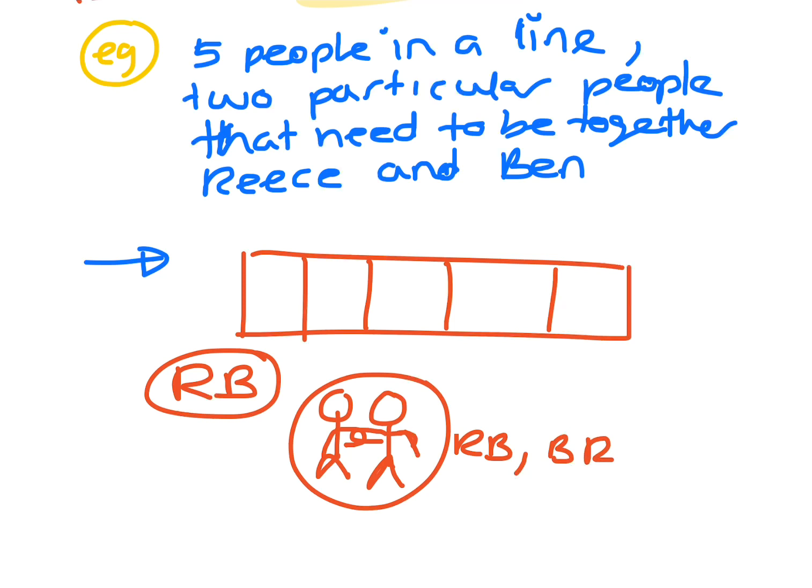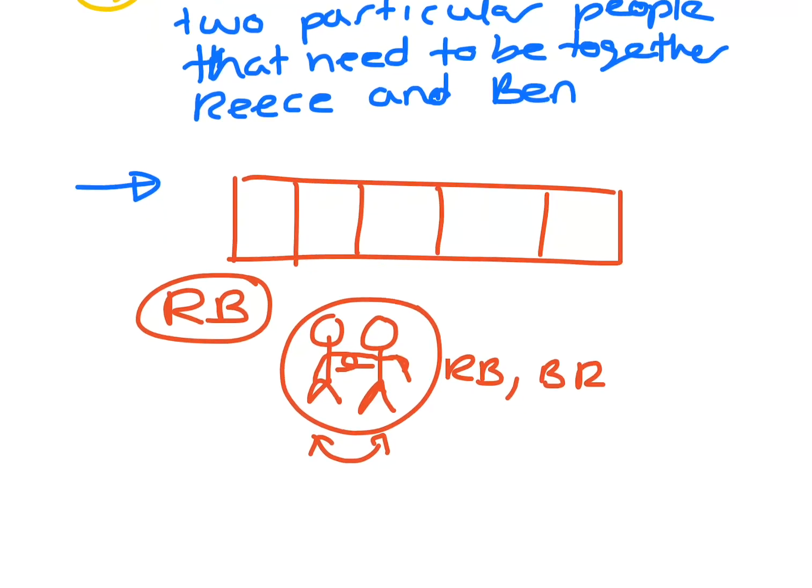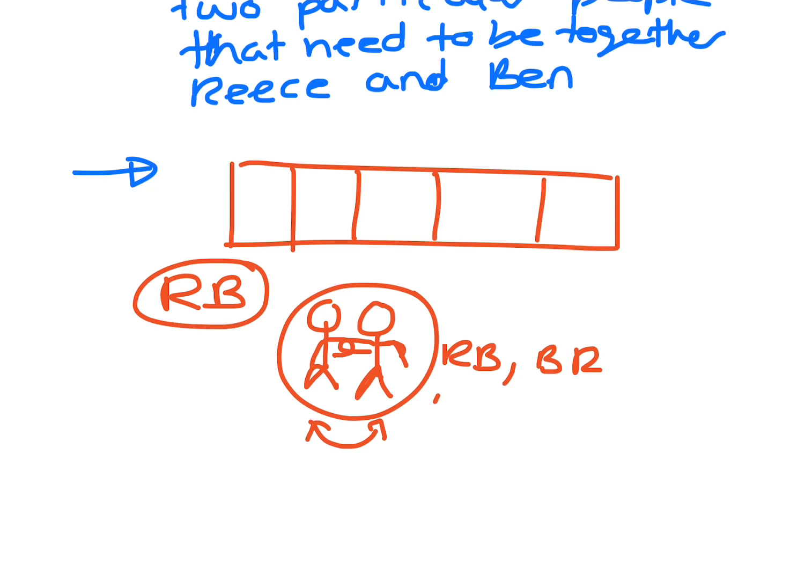So that gives 2 different possibilities, because it's different if you swap them around, whether you interlock the left elbow of Reese with the right elbow of Ben or the right elbow of Reese with the left elbow of Ben. That can be done in 2 times 1, or 2 factorial, ways. If you treat them as one unit, how many more people would you have left?